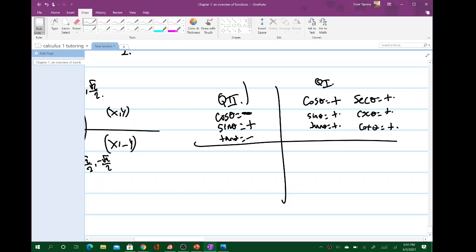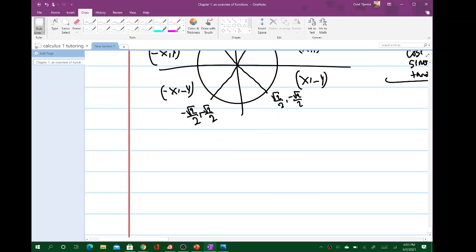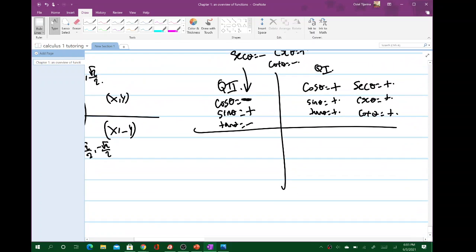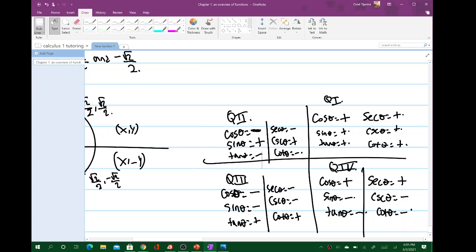That means that secant theta is negative, cosecant theta is positive, and cotangent theta is negative. Okay, so let me actually finish this up really quick. Okay, so that is how it's done.